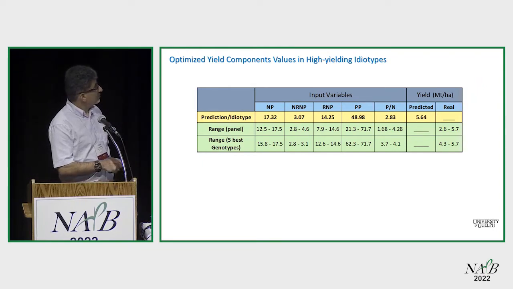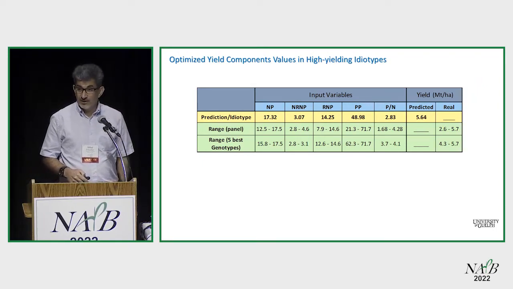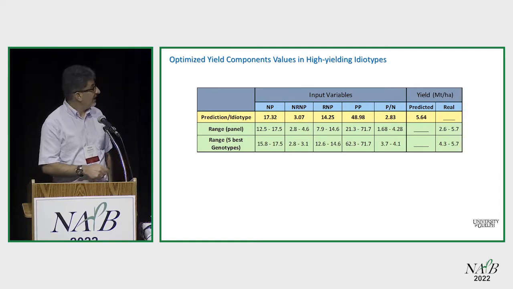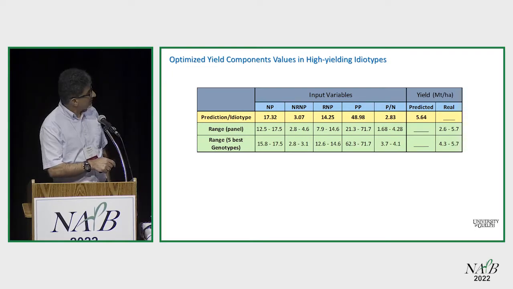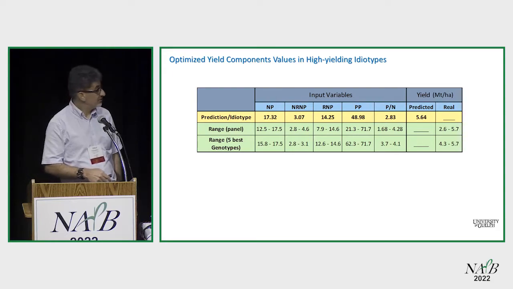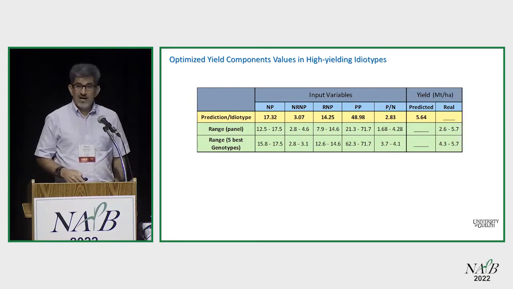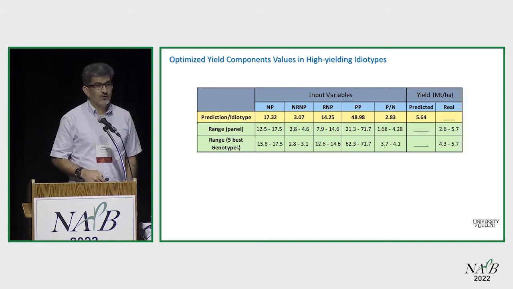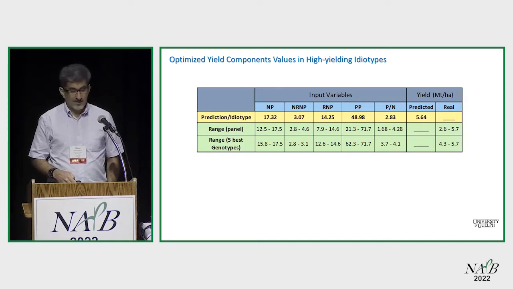To make sure those are in the range based on the data that we have, this third row shows the range of variation of those traits in the population, and all of them are in range. I also asked Mohsen to provide the range for the 5 best genotypes that we have.